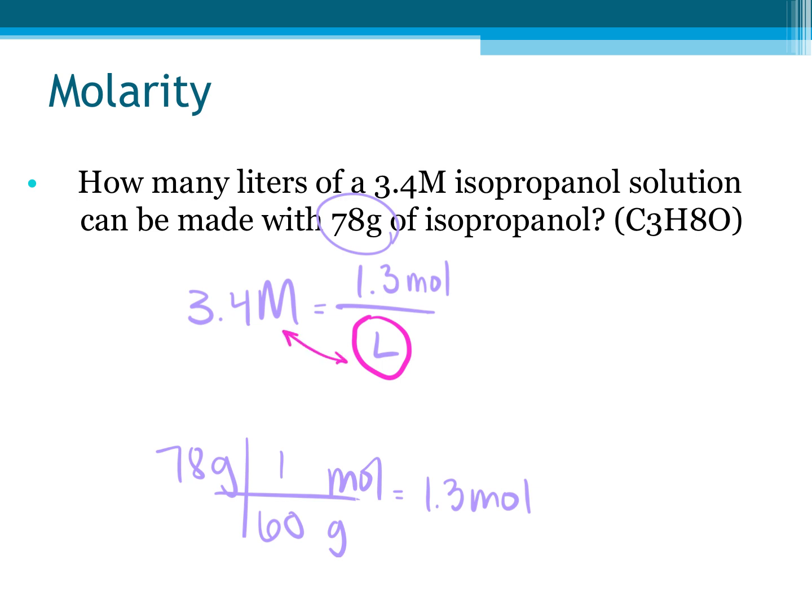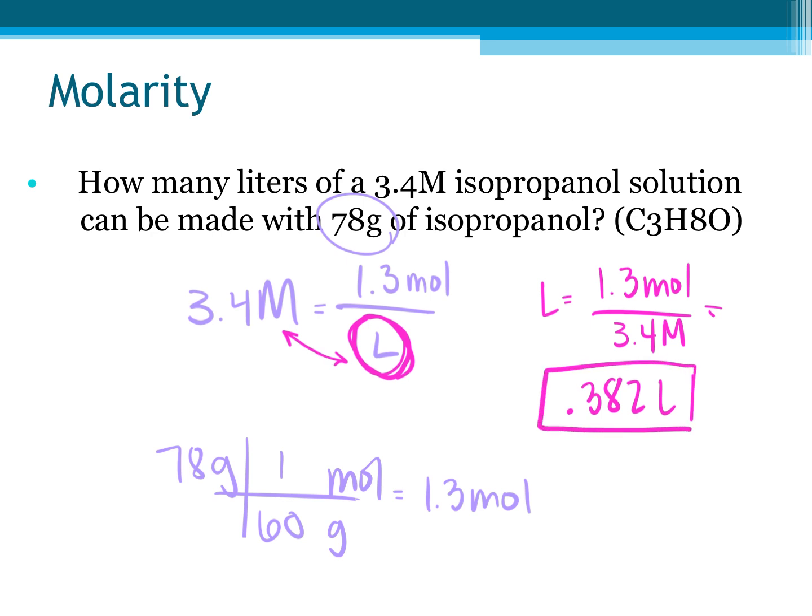That's right. We're going to switch these two spots anytime our unknown is in the denominator. We use this type of equation for density. We use it for molarity. We use it for a lot of different things, but anytime my variable's on the bottom, I'm going to say liters equals 1.3 moles over 3.4 molar and get about 0.382 liters.